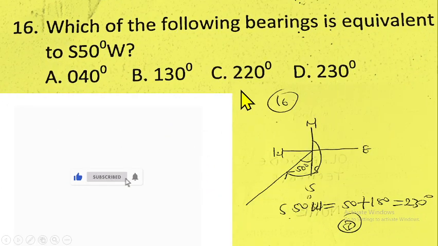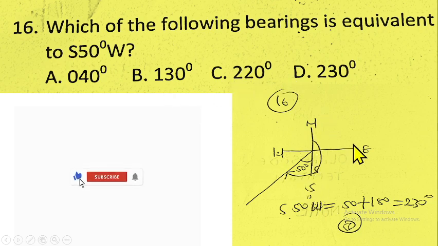Question number 16 is also from bearing. Which of the following bearings is equivalent to 50 degrees southwest? So we have to locate this bearing on the cardinal point. This bearing is a compass bearing, so we have to convert it to three-digit bearing.